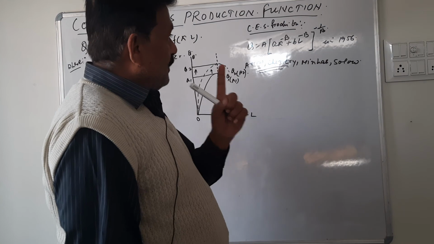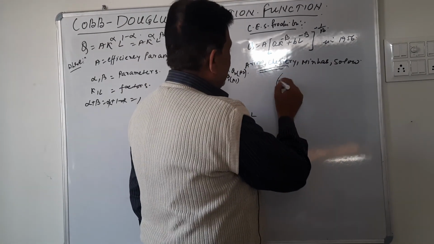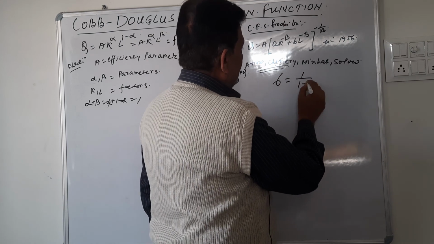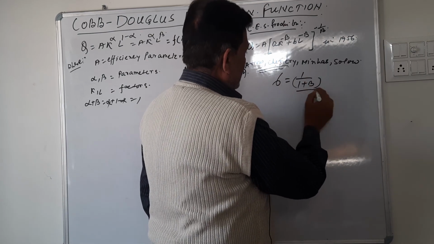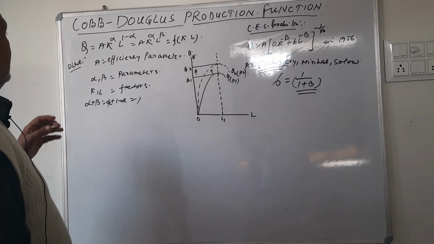I'll explain one property of this one, the last one, that is its elasticity of substitution is 1 by 1 plus beta, that I'll prove in today's class. Anyway, let us come to the Cobb-Douglas.